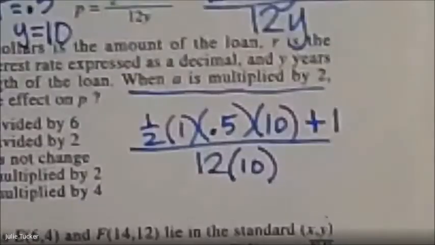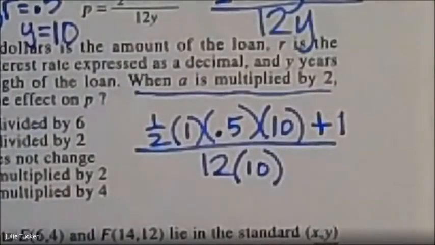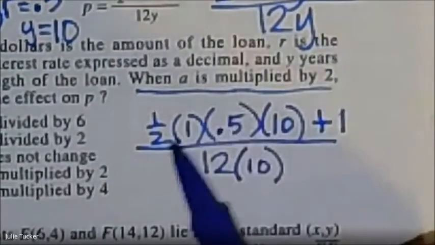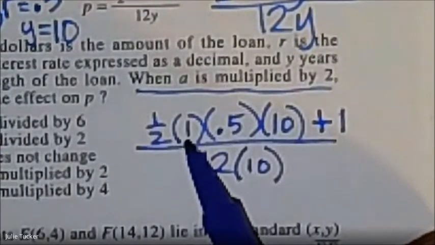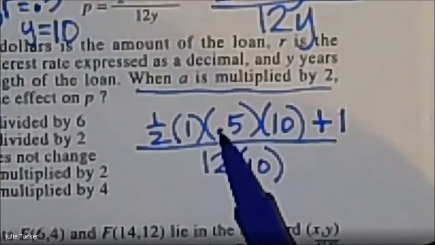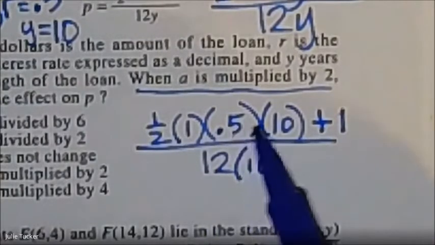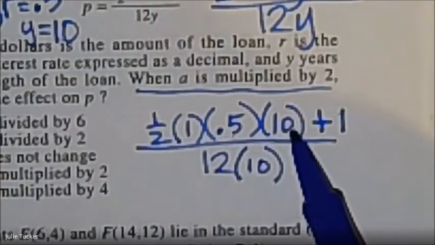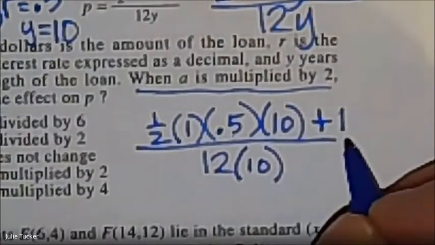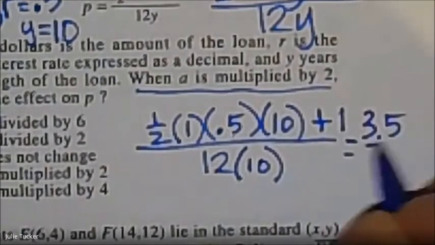So when I work that, I'll go do that on Desmos really quick. Well, actually, I can do that in my head. 1/2 of 1 is 1/2. And then you got times another half, so that's 0.25 times 10. So that's 2.5 plus 1 is 3.5 over 120.